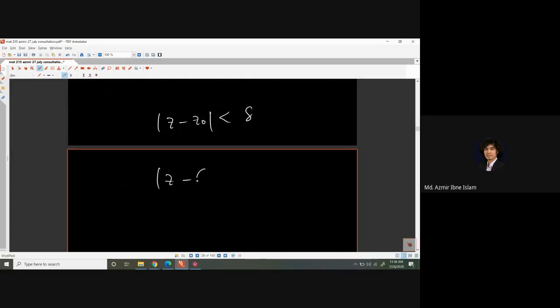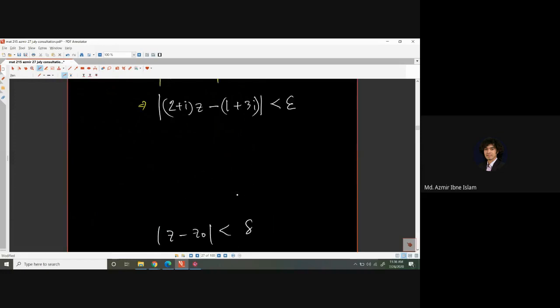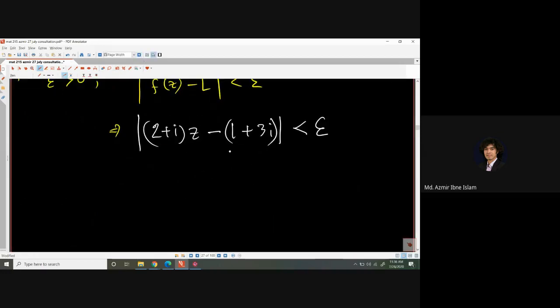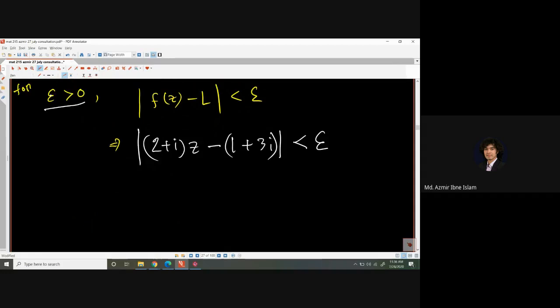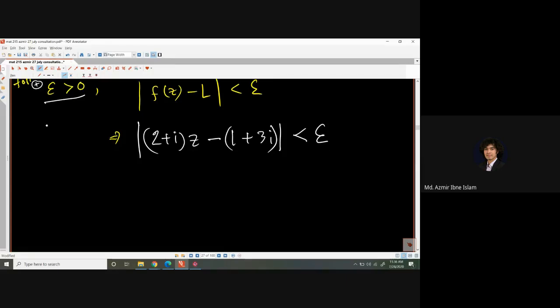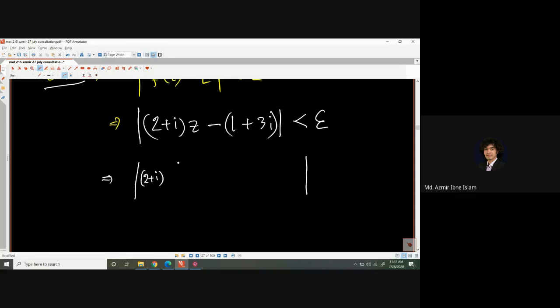Sir, finally, somehow we have to prove this one by using the analytical process. So okay, forget about the last part. Remember, epsilon is greater than 0. This is a positive quantity. So from this, we are trying to prove. What we can do, actually proving by epsilon delta deals with some properties.